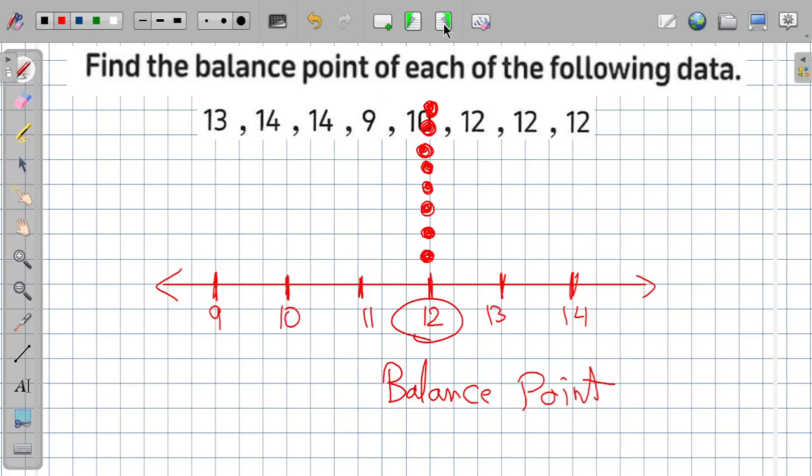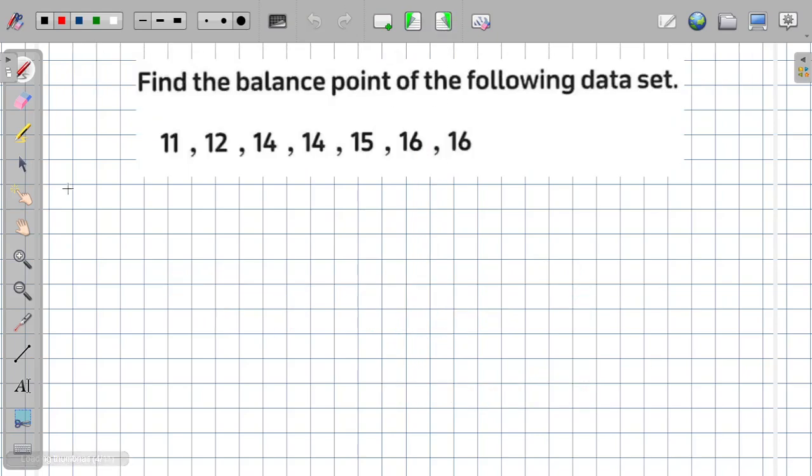Okay, so let's try another one. I have 11, 12, 14, 14, 15, 16, 16. Okay, so first let's draw the number line. Okay, so next I have 11 and this is the smallest number, 12, 13, 14.